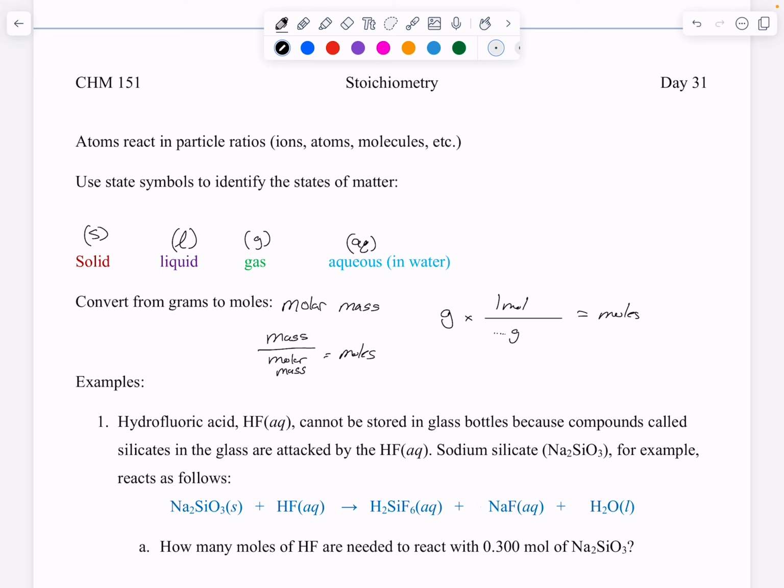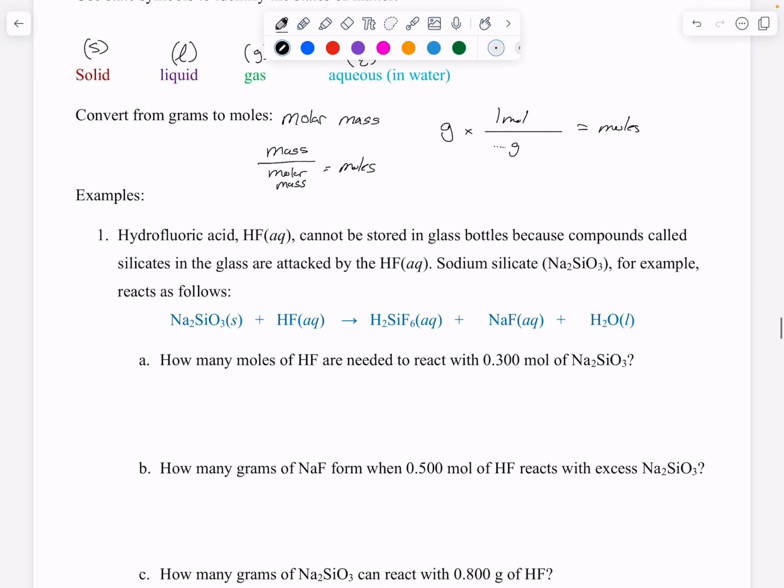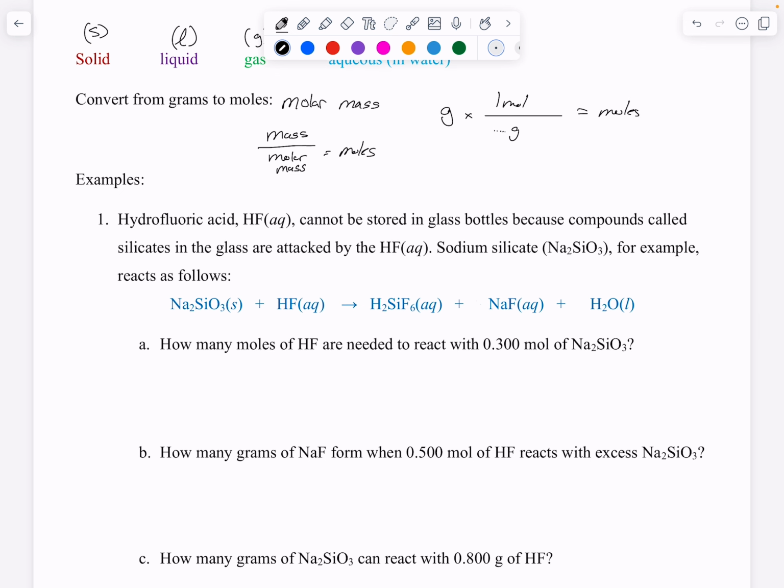First thing you have to do here for number 1 is balance the chemical reaction. You got a chemical reaction, and I don't see any coefficients. So I'm going to take, first one, 2 sodiums, so I'm going to put 2 in front of sodium fluoride. 1 silicon, 3 oxygens. If I put a 3, let's see how we go.